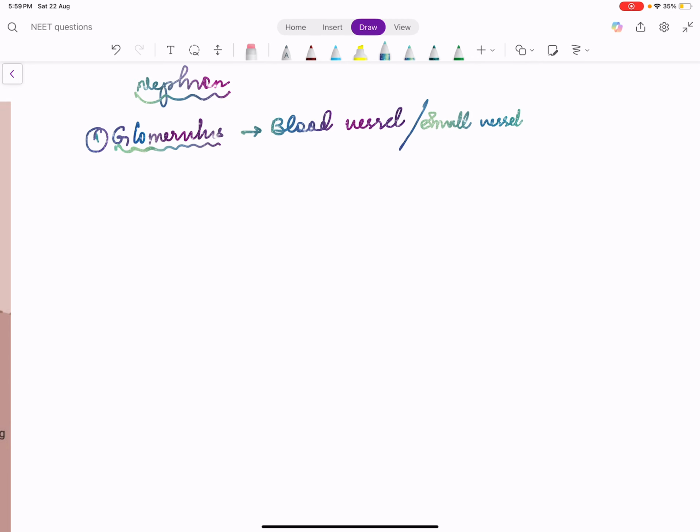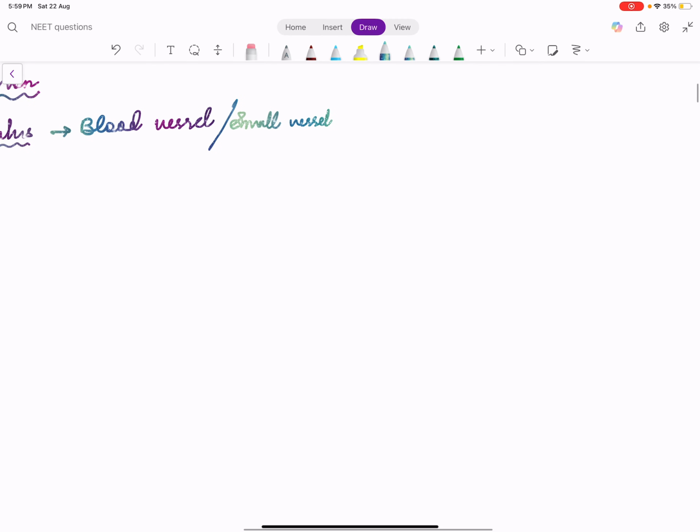So whatever diseases of small vessel vasculitis we discussed, for example, Wegener's granulomatosis, it is called GPA, granulomatosis with polyangiitis. Churg-Strauss syndrome, which is called eosinophilic granulomatosis with polyangiitis.